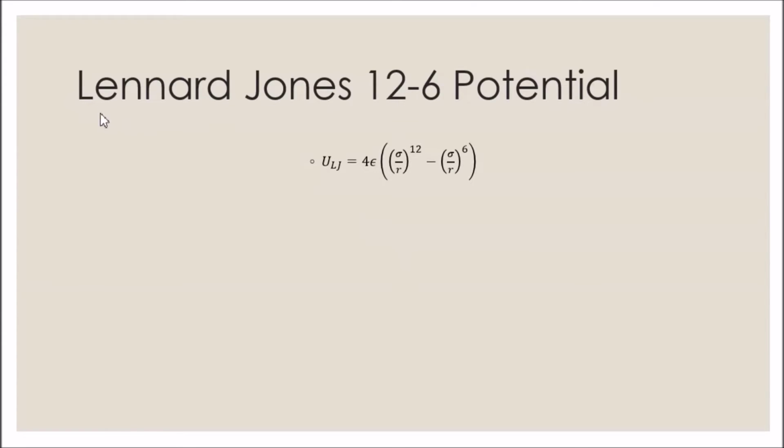So Lennard-Jones potential here is a pairwise potential, which means that we need only two particles to find the potential energy. We rewrite the potential energy in such a way that the advantage is that we need to evaluate sigma by r power 6 only once, and we can use the same value again.